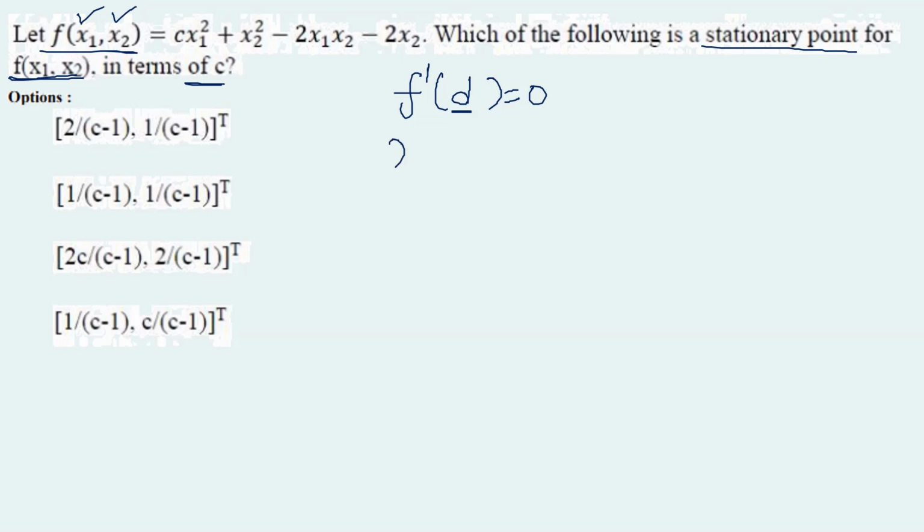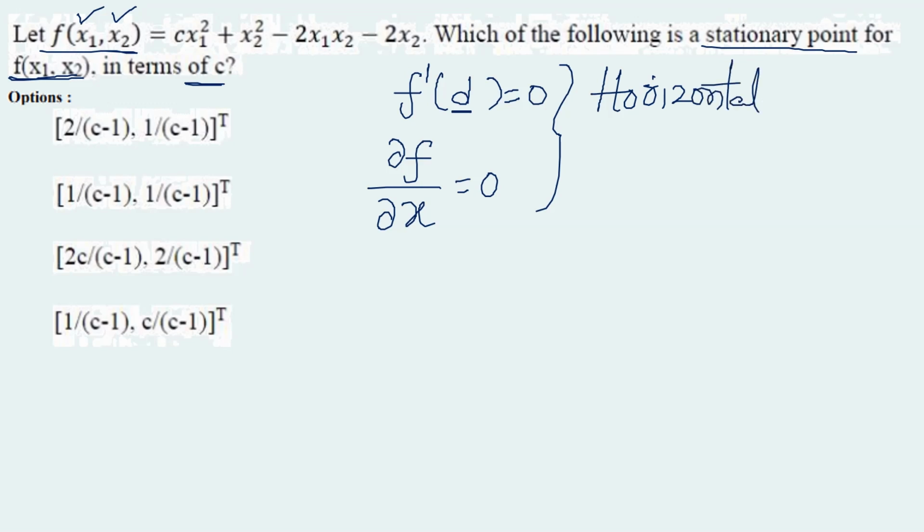That means the rate of change of function f with respect to its independent variables at that point is 0. Physically, a function is said to have a horizontal tangent at a stationary point.